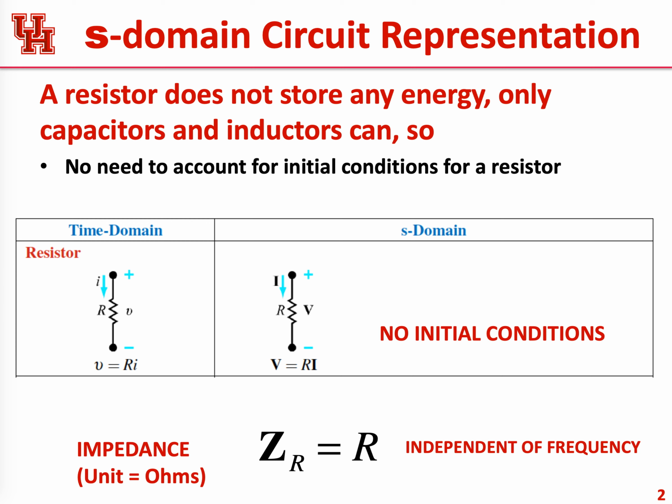Now, what this means is if you were to take the Laplace transform of both sides, I'm going to get V_R(s) is R times I_R(s).